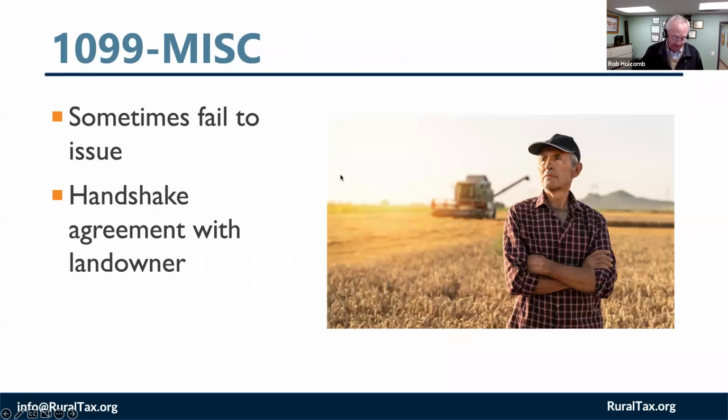All right, let's move on here just a moment. Now, let's talk a little bit about the 1099 miscellaneous. These are just some global situations that we have here. In the farming situation, probably the most common thing that a farmer is going to issue a 1099 miscellaneous for is going to be land rent.